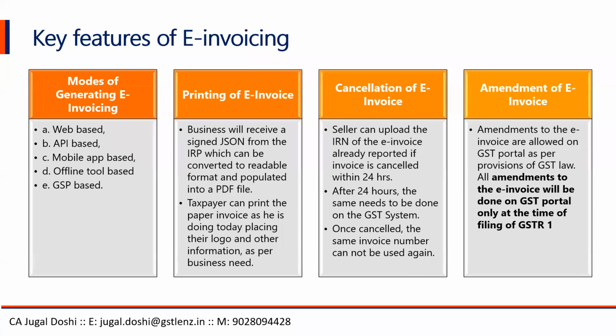So again, what is this logic? When we come to the practical issues, I would discuss with you the logic of GSP and the role of GSPs in this also, and what are the issues we can face when we do it through GSP. So a few basic concepts about e-invoicing: whatever information is there in my software, I am just mapping.